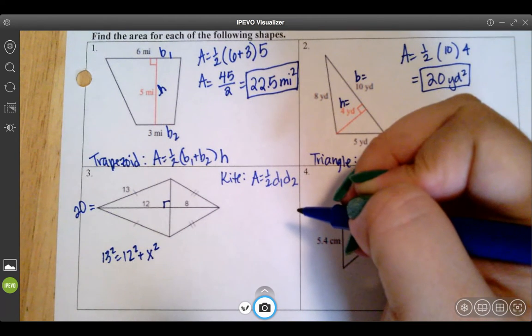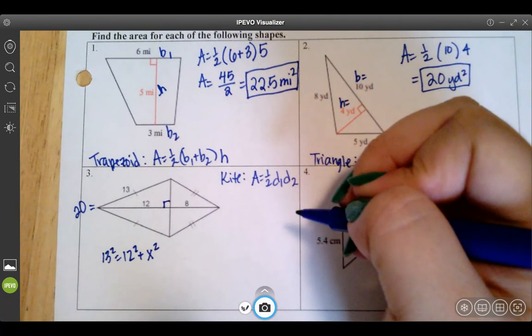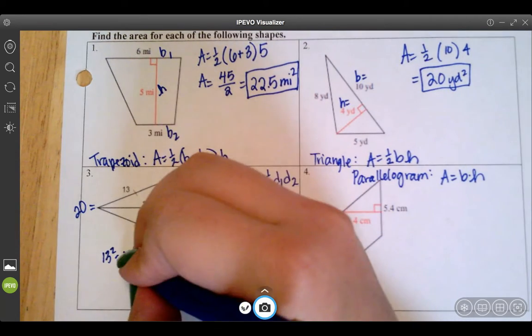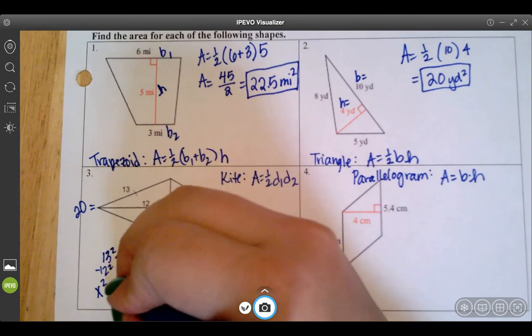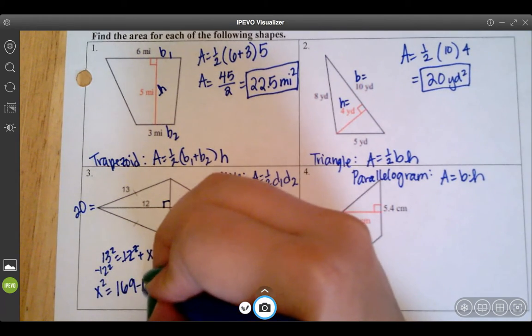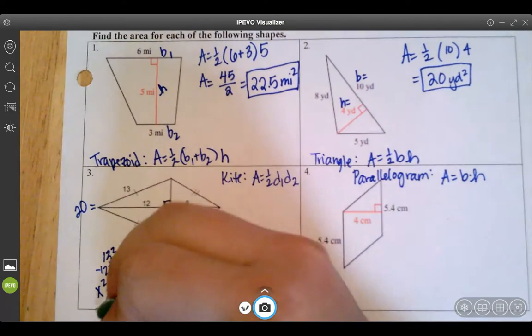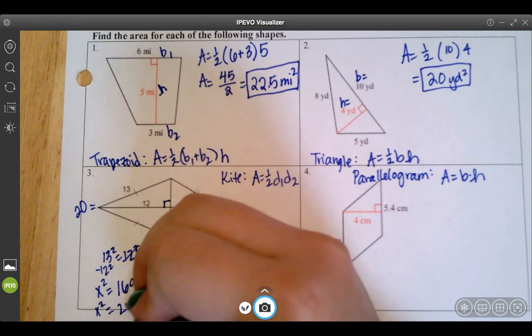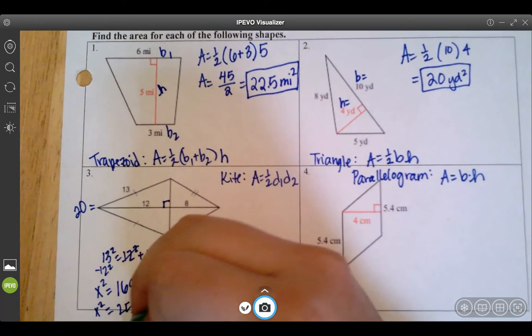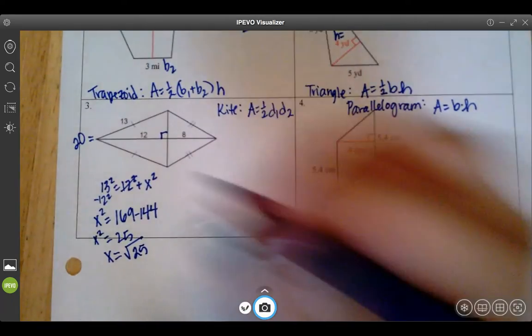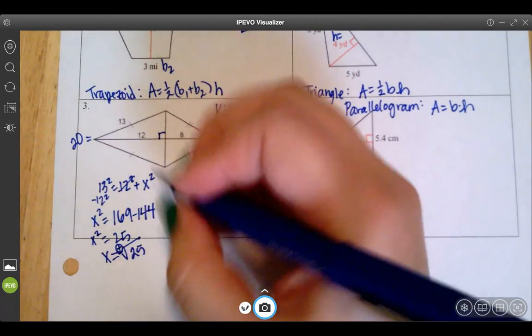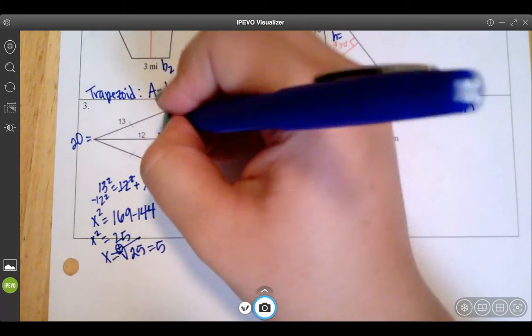This is a Pythagorean triple, so if you recognize those, you don't have to use the Pythagorean theorem. Minus 12 squared. X squared equals 169 minus 144. X squared equals 25. X equals the square root of 25, plus or minus, but always choosing positive for distance, equals 5.